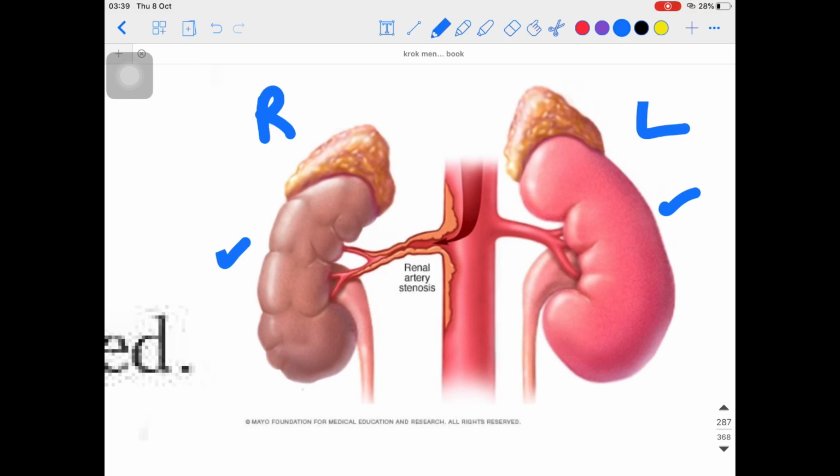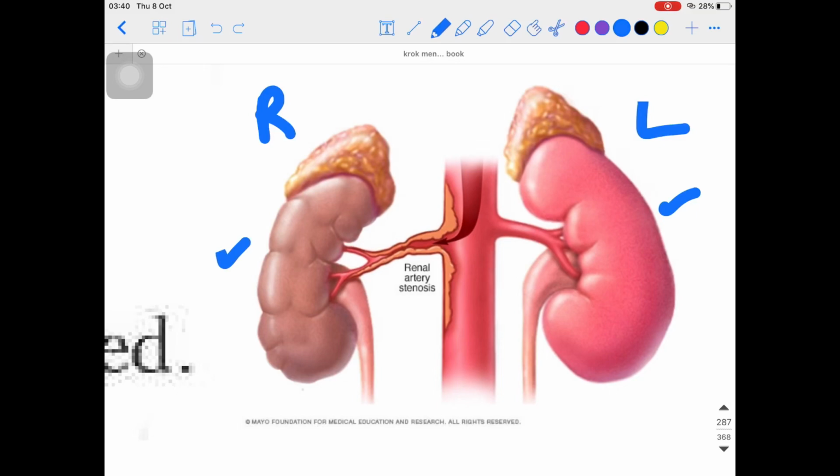Some atherosclerotic plaque might occlude the renal artery, and sometimes there's a hardening of the arteries, that is arteriolosclerosis. That is the most common problem in older age people, and due to that, whatever amount of blood has to go into the kidney will not be able to go inside and perfuse the kidney properly, so that can also lead to the problem, isn't it?